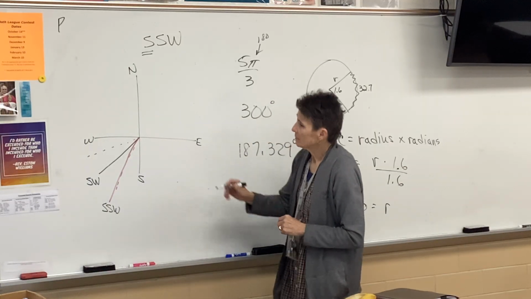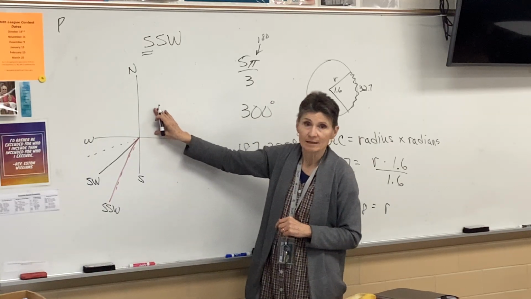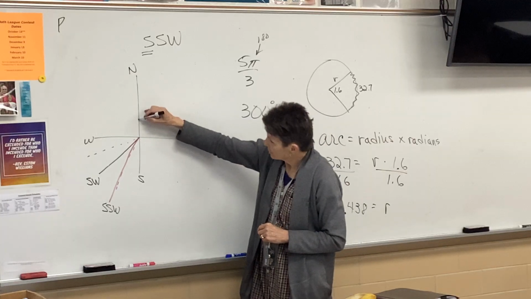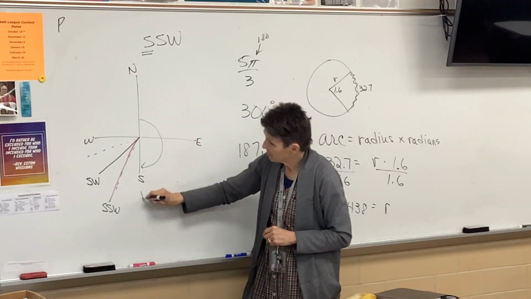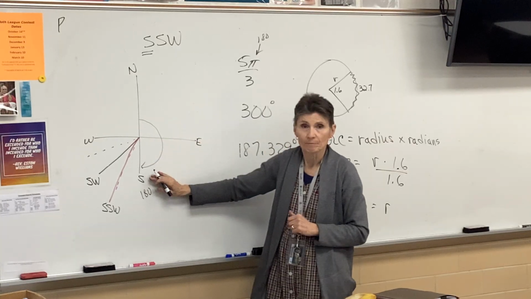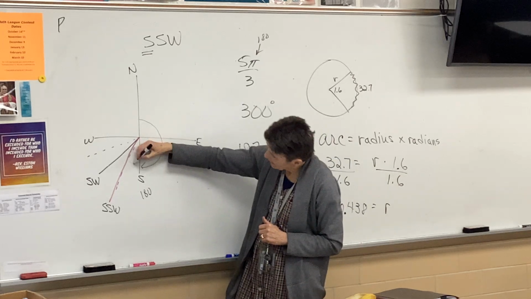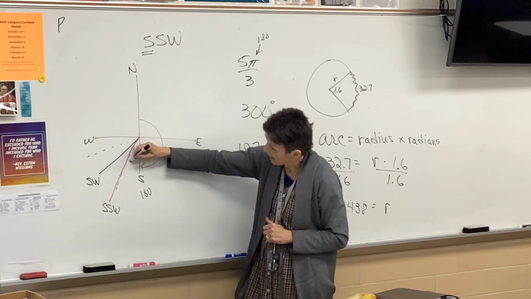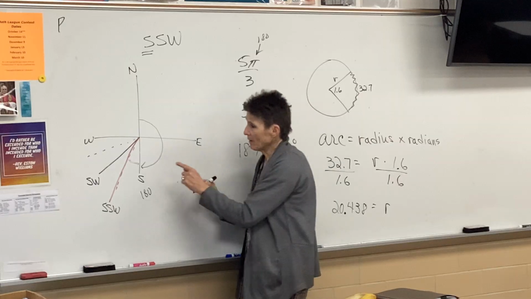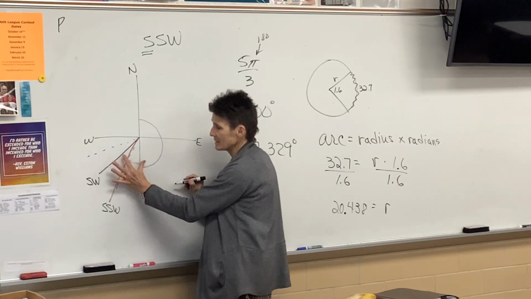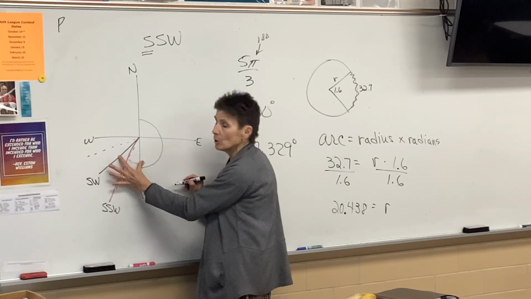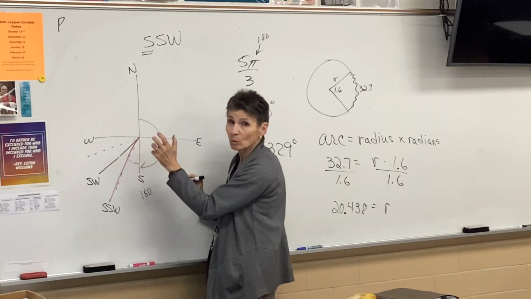Now remember that a quadrant is 90. So to this far, that would be 180, 2 quadrants. But I have to go a little bit more. Now how much is that? Well, if I went all the way to the southwest line, that between my fingers would be 45, half a quadrant.